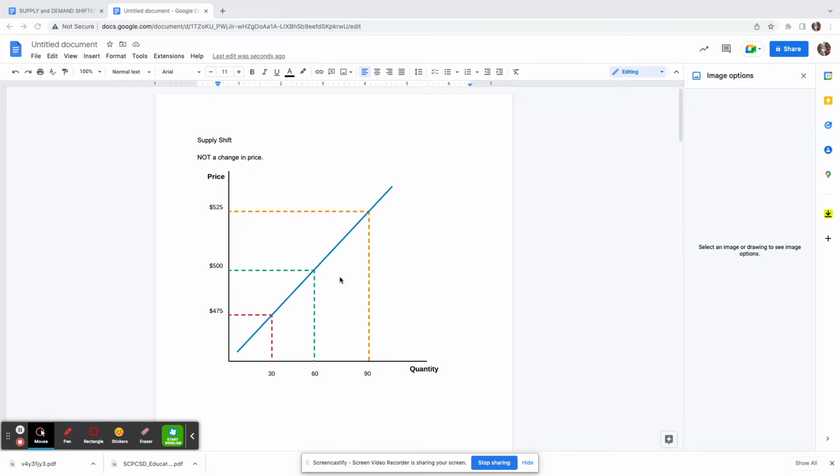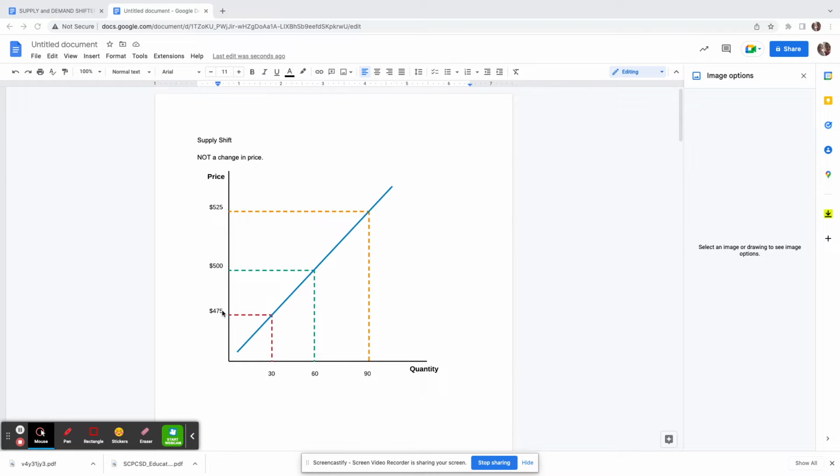First off, let's look at supply and talk about what can shift supply other than price. When you create your supply and demand graph, you are looking at the relationship between price and the quantity provided at that price. So here is your graph.